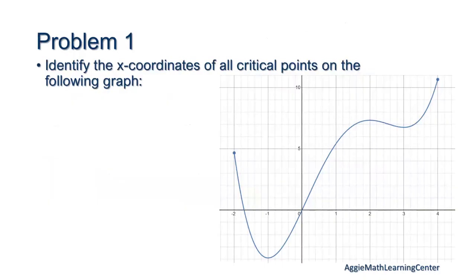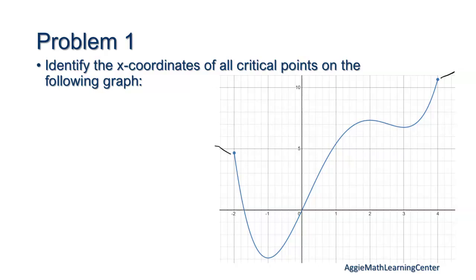Okay, so what do you guys think? Where are the critical points on this graph? So always include the endpoints. So here at -2 and here at 4 are our critical points. Is there anywhere where the derivative is not defined except for at those endpoints?